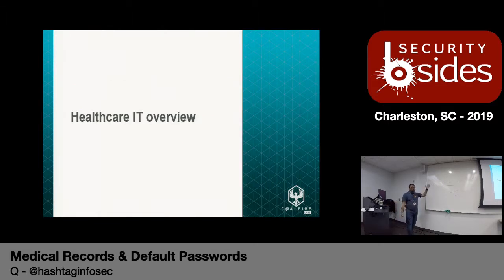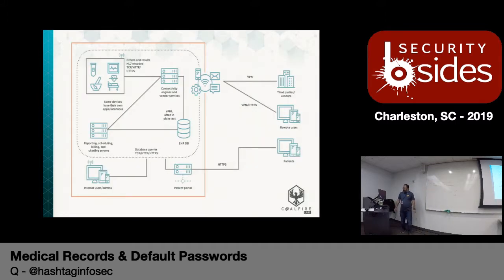Let's see what we are talking about first, which is your healthcare IT networks. This diagram depicts a typical IT network you will come across. At the center of everything is the EHR database. That's the database that every device is going to send data to, or medical records are going to pull data from.